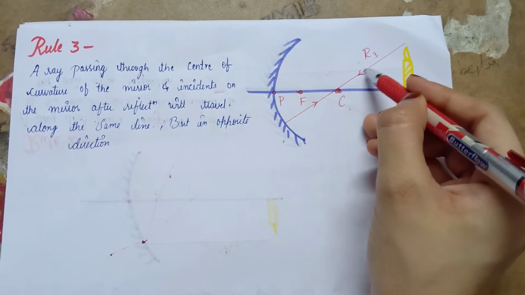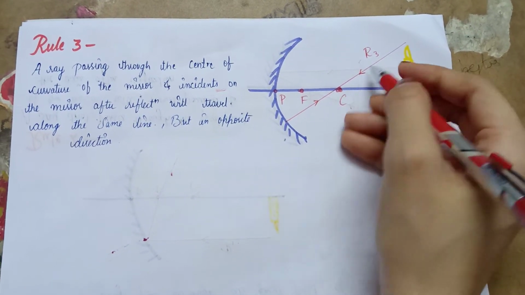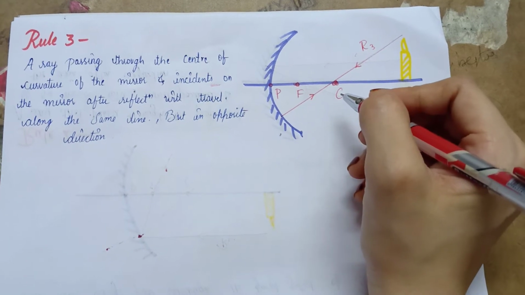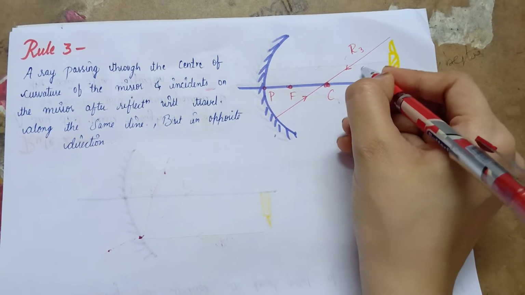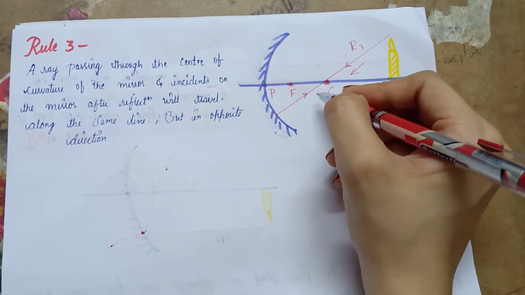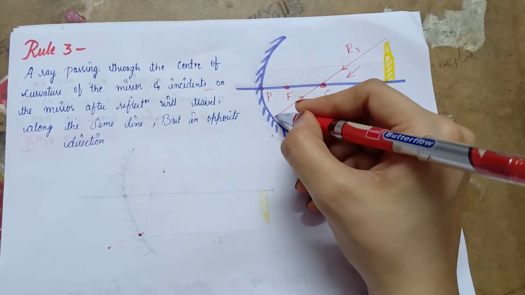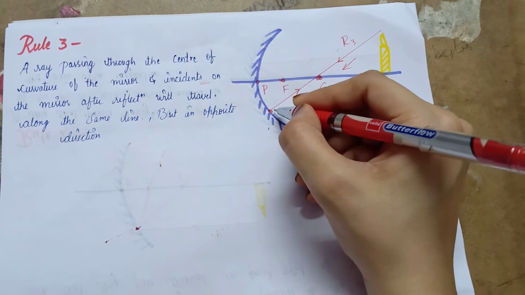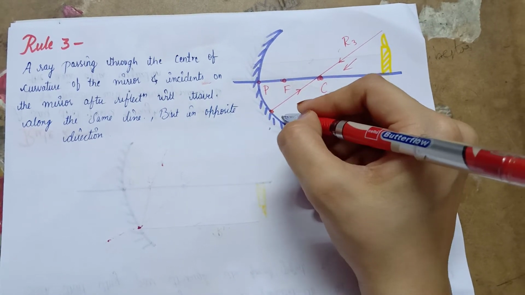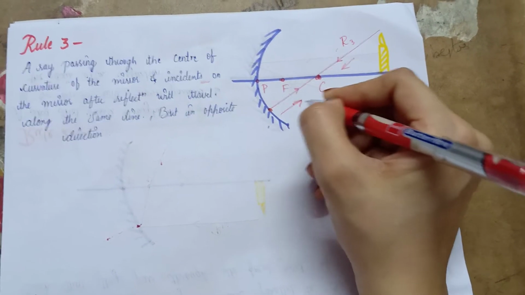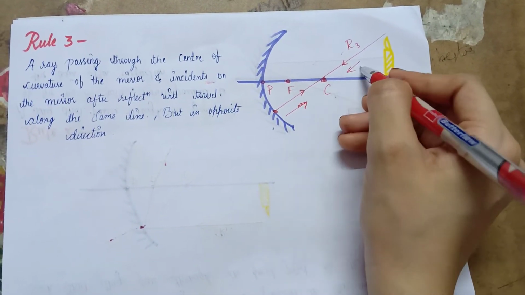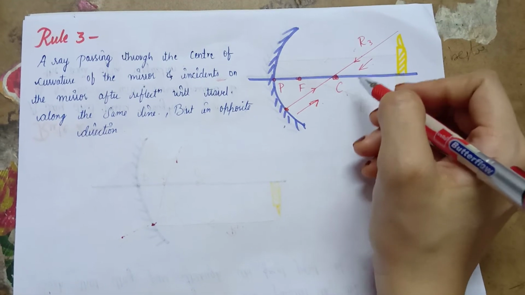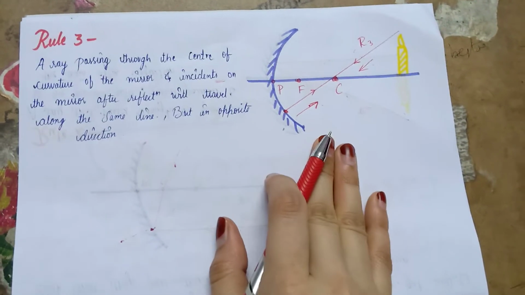Why is it called the opposite direction? Because the ray first comes from this direction to this direction, strikes here, and is reflected back in this direction, in the same line but opposite direction. Clear? I hope you got my point.